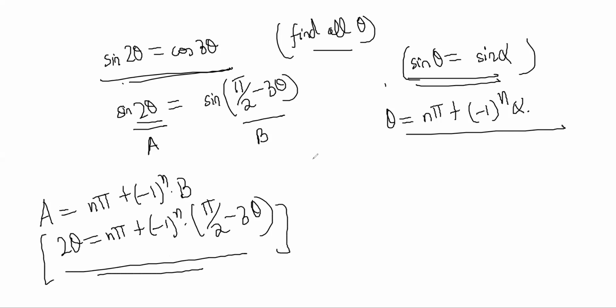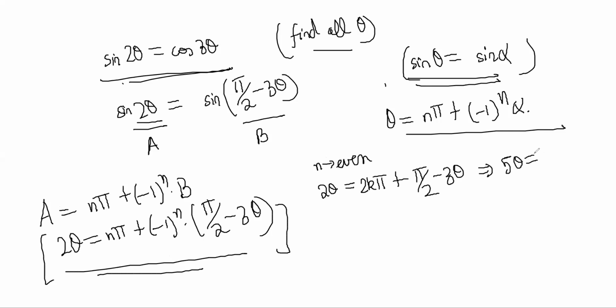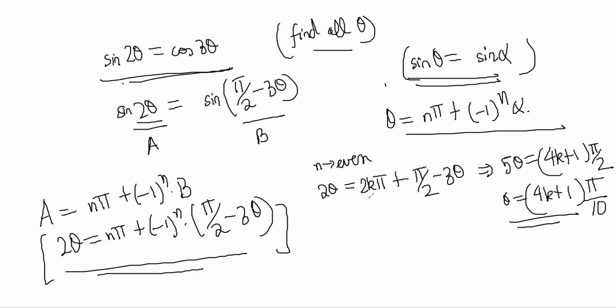I will take two cases because this minus 1 power n is annoying. N is even: so I get 2 theta is equal to 2k pi plus pi by 2 minus 3 theta, in which case 5 theta becomes 4k plus 1 pi by 2 and theta becomes 4k plus 1 pi by 10, where k is any integer. This is one answer.